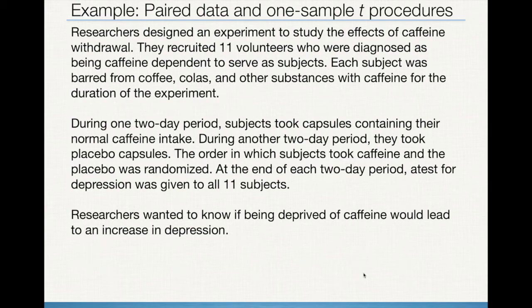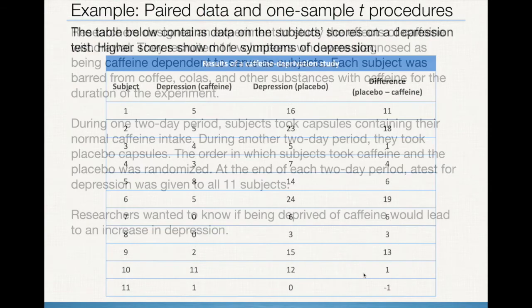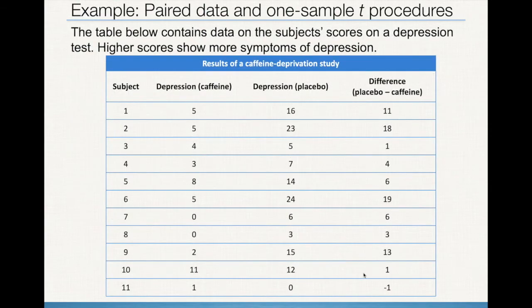So if we want to get the data for this experiment, the best way to do this is to take each subject and then measure their level of depression when they have caffeine versus when they have a placebo and take the difference. So this is a key statement here because each subject is being measured in both cases. And so this is the signature of a matched data situation, is that each subject now has a measurement and the difference is taken as a result.